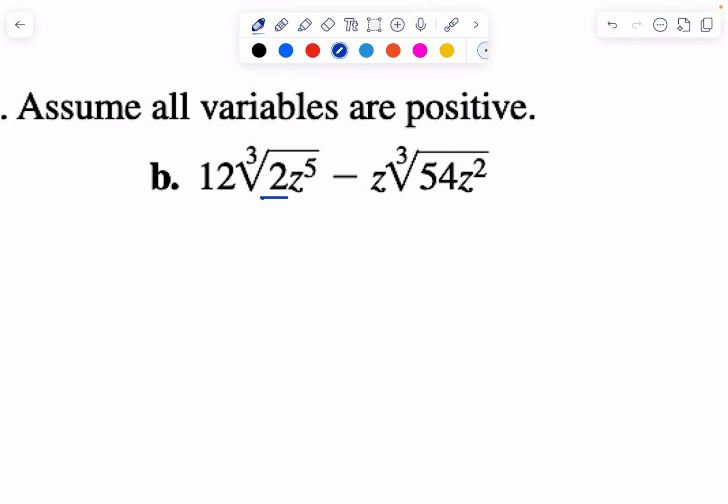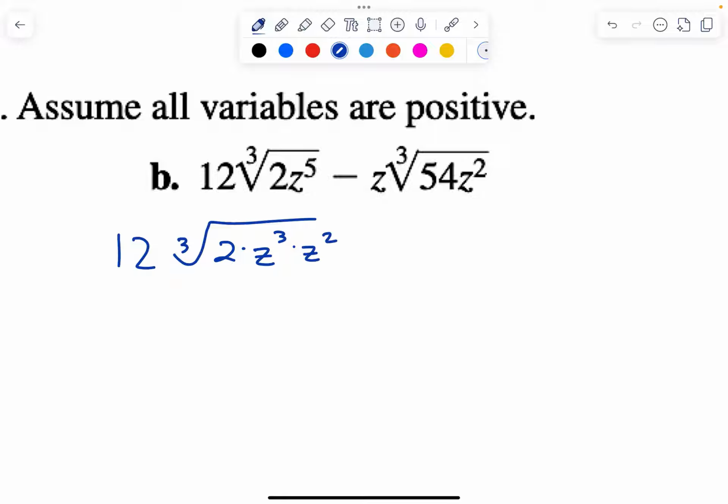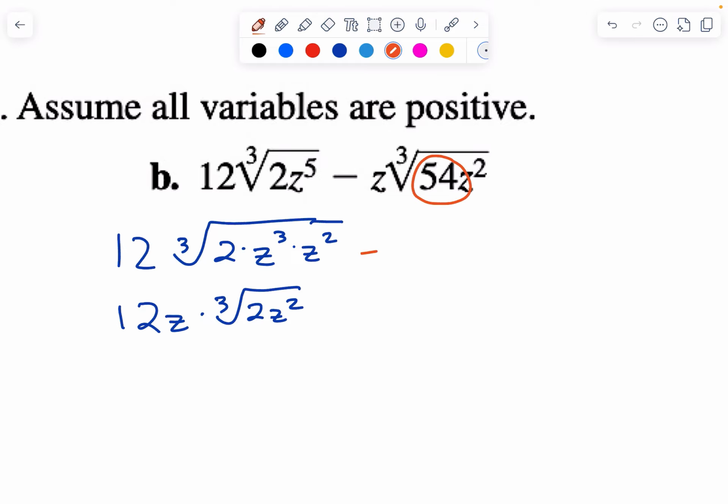So I should check to make sure I can simplify these further. So 2 can't be simplified further, but z to the 5th can. I would break that into 2 times z to the 3rd times z squared. So that would give me 12z times the cube root of 2z squared. Okay, move on to the other one. 54, is there a number times itself 3 times that gives me 54?